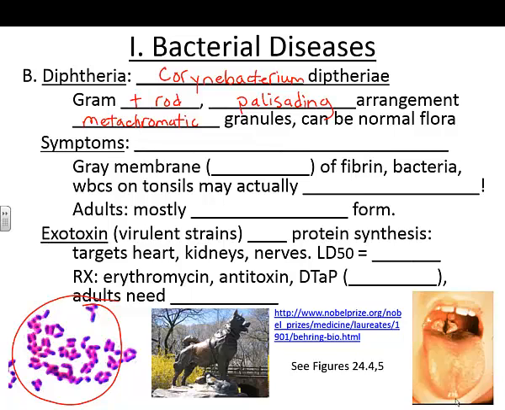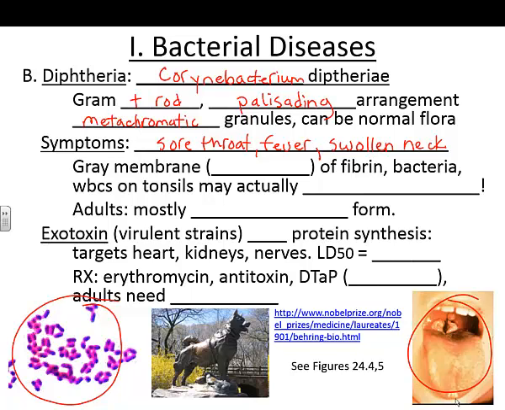In virulent strains in children, the disease starts out with a sore throat, fever, and an abnormally swollen or bull's neck. Without treatment, a gray membrane composed of fibrin, bacteria, and white blood cells forms on the tonsils, as seen here.